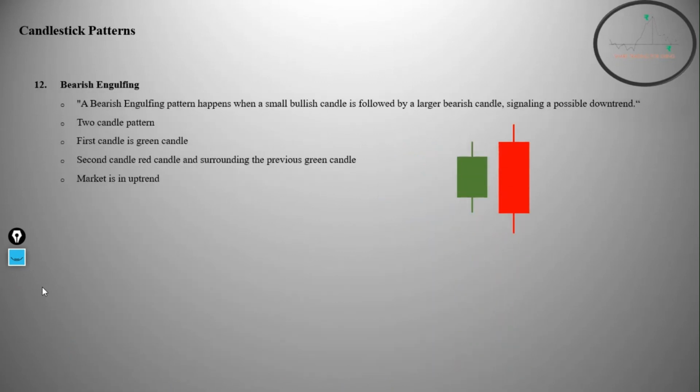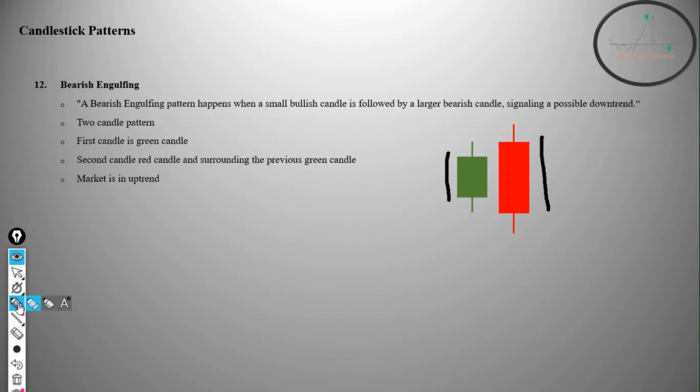The next slide is the bearish engulfing pattern. Opposite to the bullish engulfing pattern, this is the bearish engulfing pattern, and similar to the previous pattern, the previous candle was green and the next candle opened and closed red, and it engulfed the previous candle. So what will be the properties of this pattern?